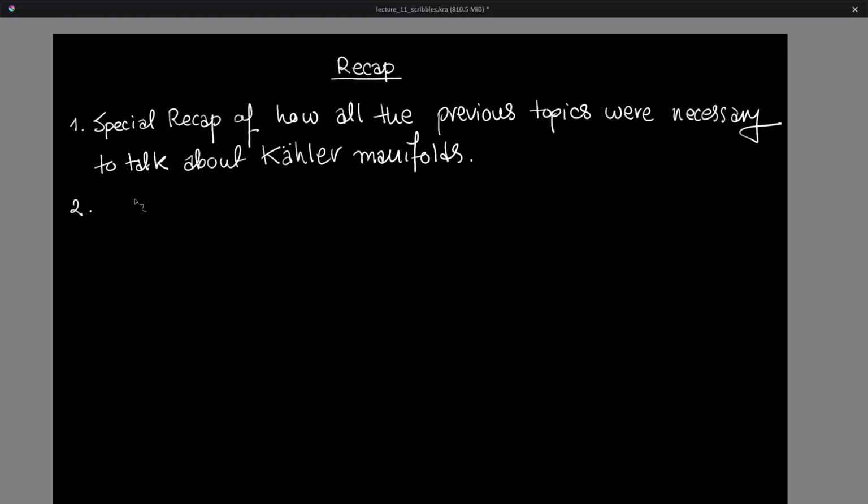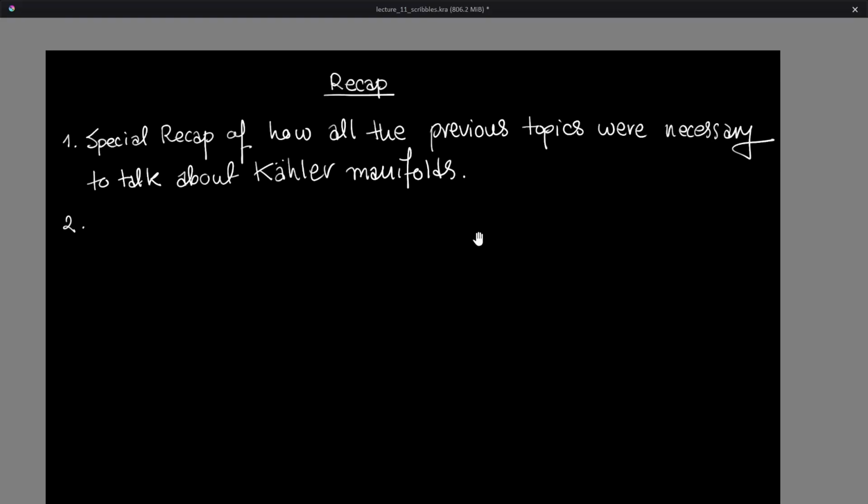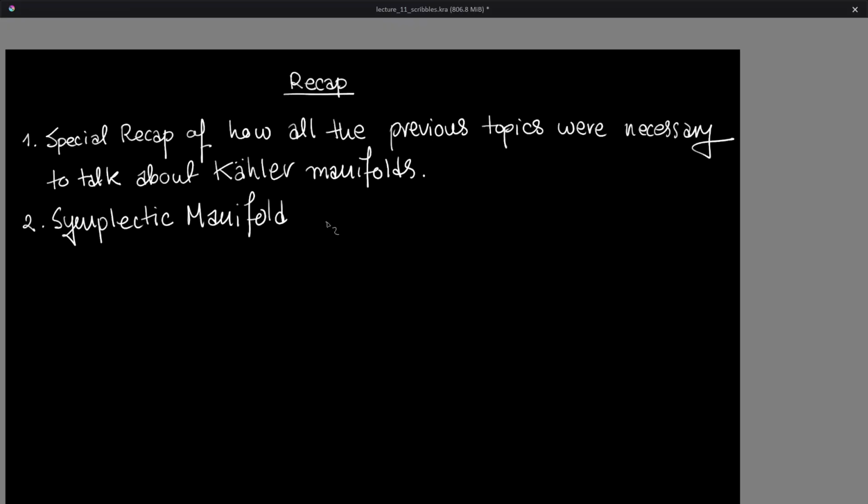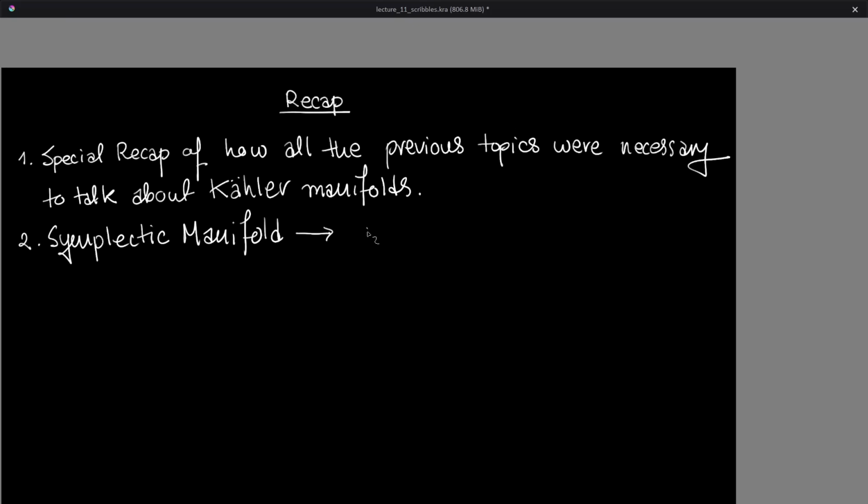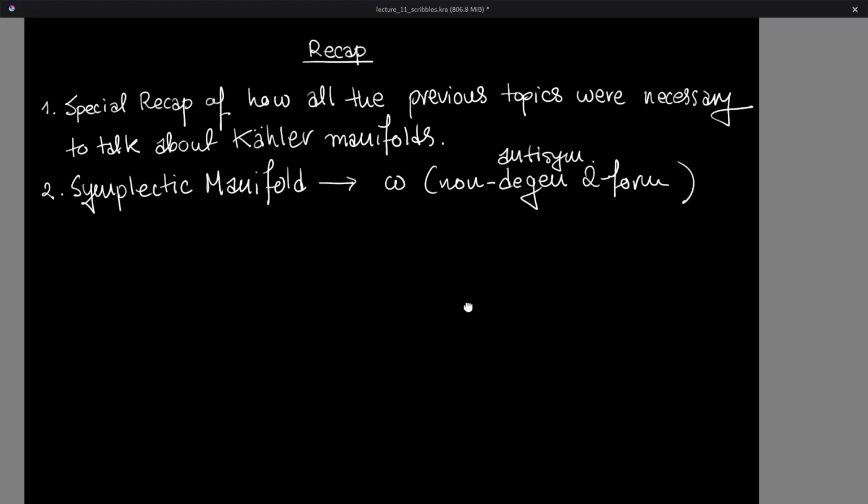Then number two, we looked at symplectic manifolds, which were manifolds that had this omega, which was a non-degenerate antisymmetric 2-form, right?